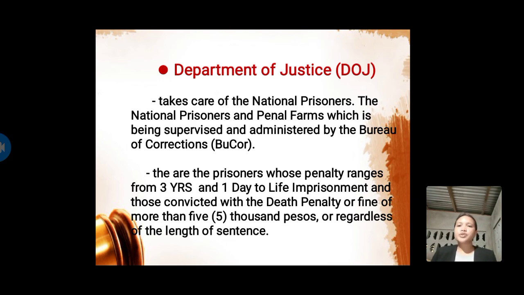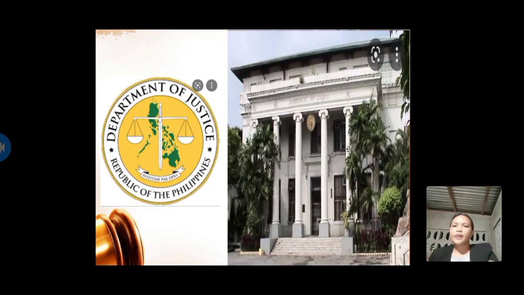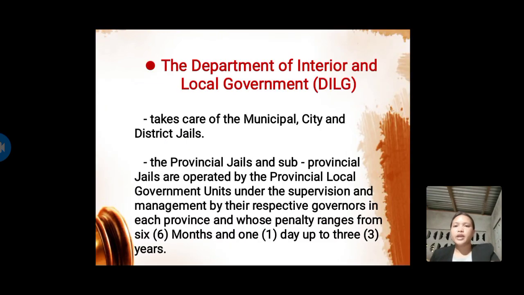The prisoners whose penalty ranges from 3 years and 1 day to life imprisonment, and those convicted with a death penalty or a fine of more than 5,000 pesos, regardless of length of sentence. So this is the photo and the logo of the Department of Justice here in our country.